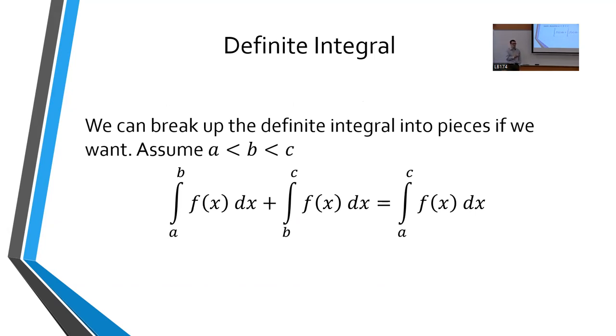Like if you want to do the first triangle that's above the x-axis and the second triangle that's below the x-axis, you could add those two signed areas together. Or you can do a definite integral from the very start to the very end, and that'll work too. So that's one nice thing. The definite integral you can break into pieces if you want.